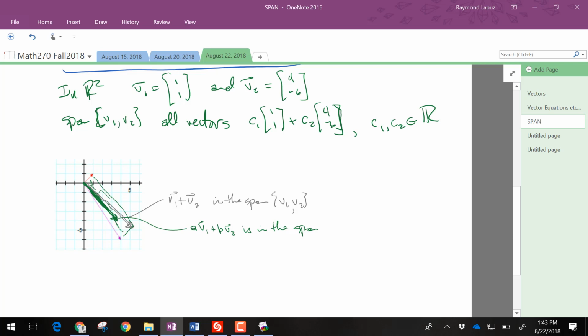So let's say A is the one that's being multiplied by 1, 1. So let's say this is 1/2. And let's say it's 3/4 for multiplying by B. And so those are real numbers being multiplied to those vectors and being added. And so that looks like it'll be in the span. And everything in that parallelogram would certainly work. Is that all?